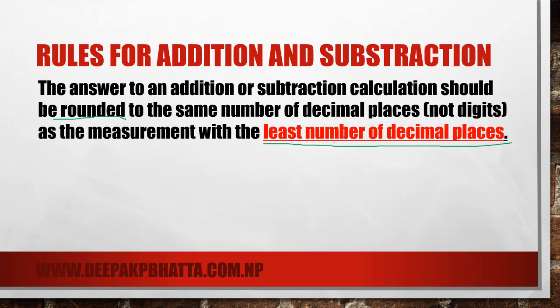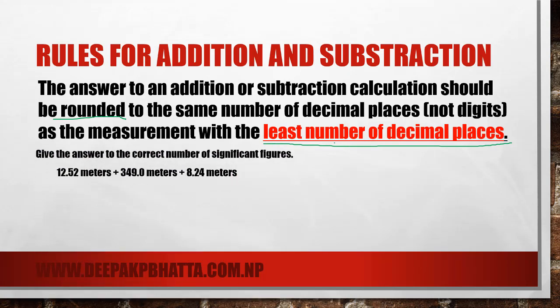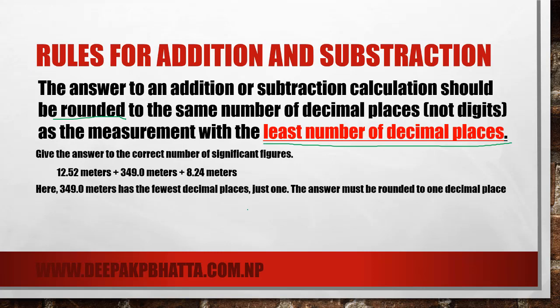Let us take an example. If we have the numbers 12.52, 349.0 plus 8.42, what is the final answer? Let's add these. Here we count after the decimal point the least number of decimal places.